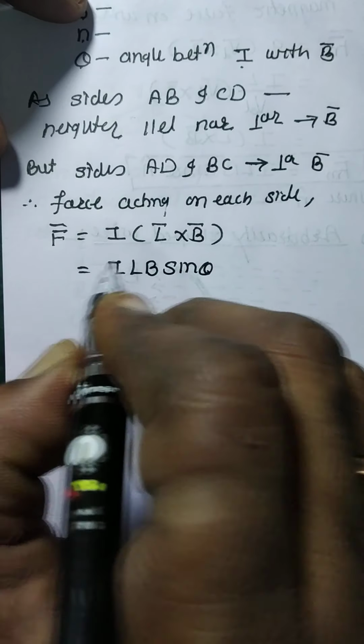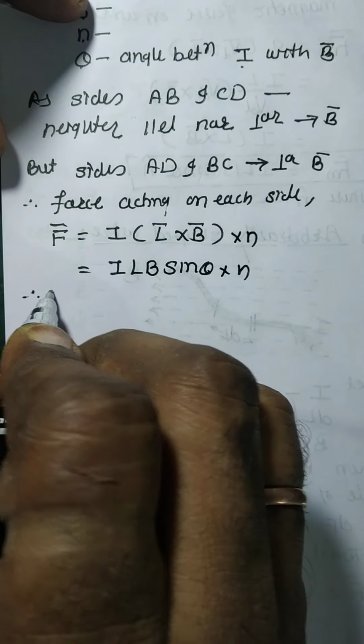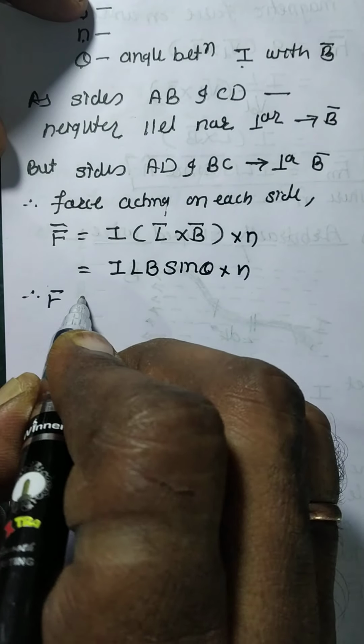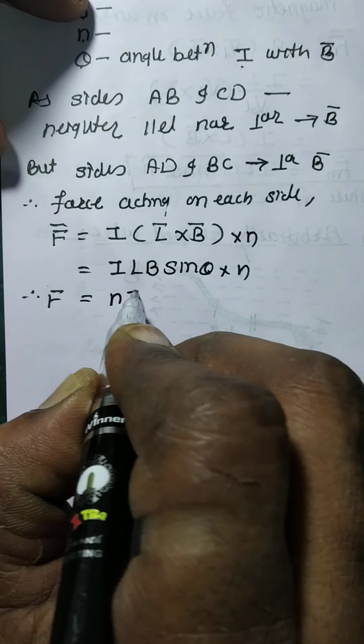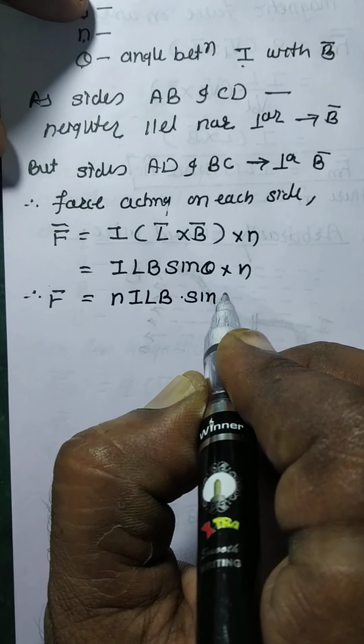But loop has N turns, and therefore resultant force acting on each side is N I L B into sin theta.